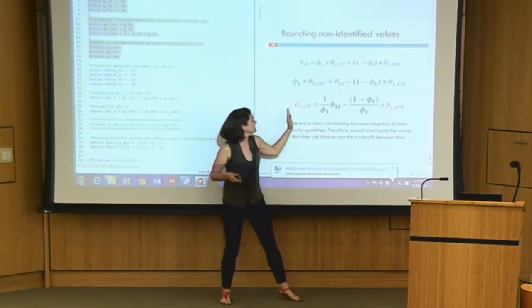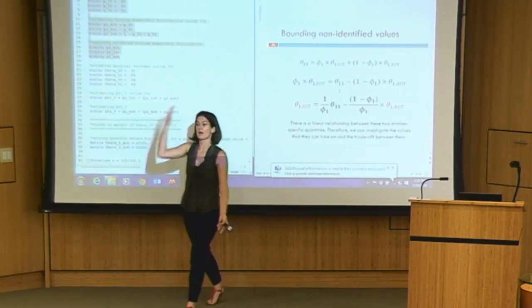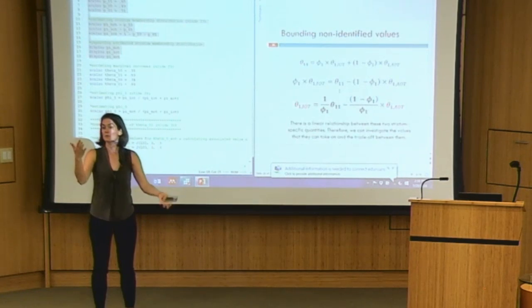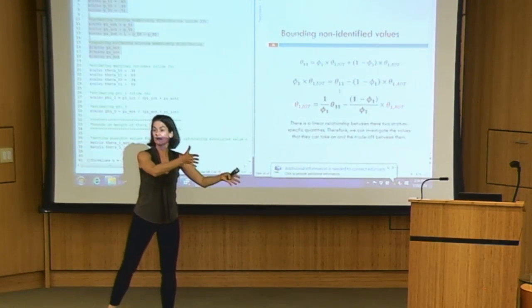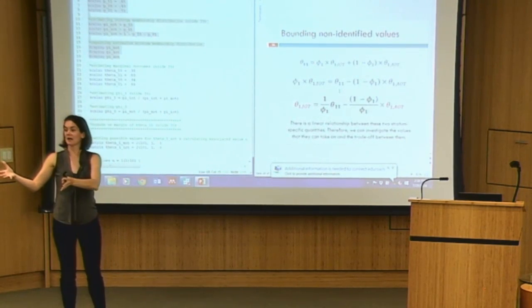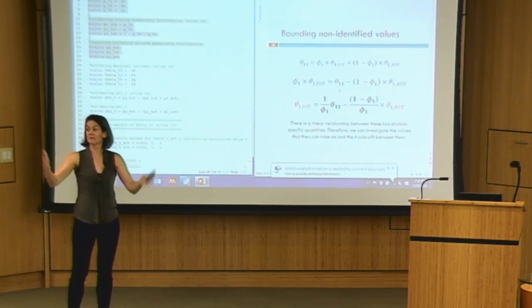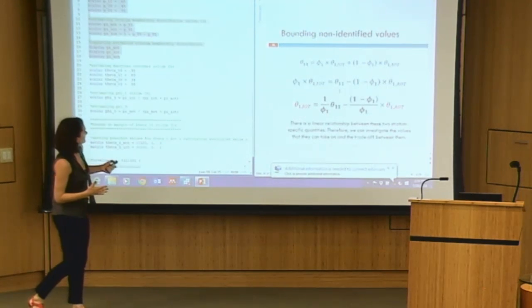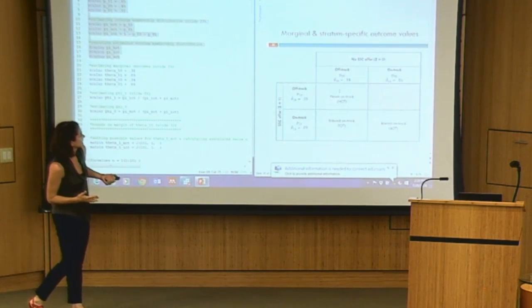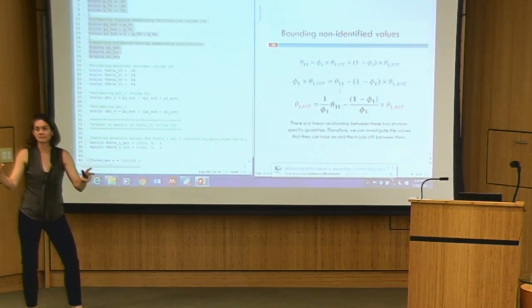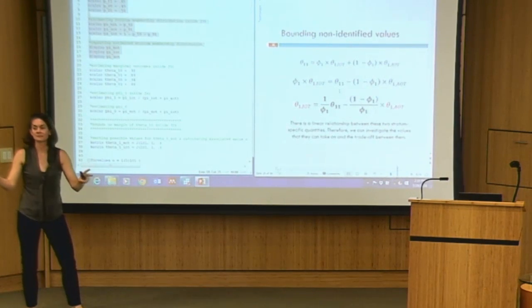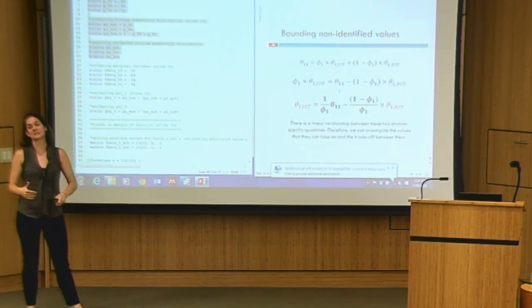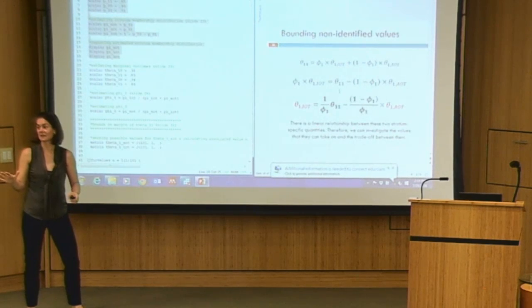What this expression is telling us is that there's a trade-off between the value of that outcome under one cell and what that value can be in the other cell. And we have that trade-off because the margins of our table are fixed. Is everybody with me? Okay.